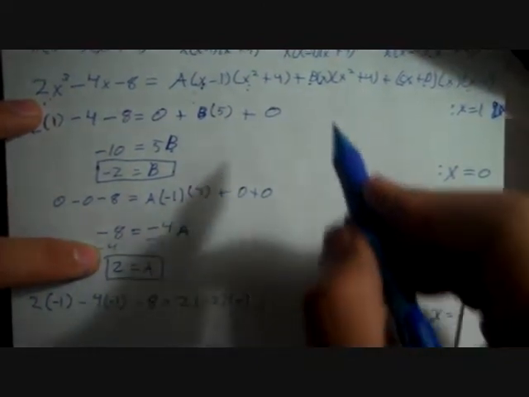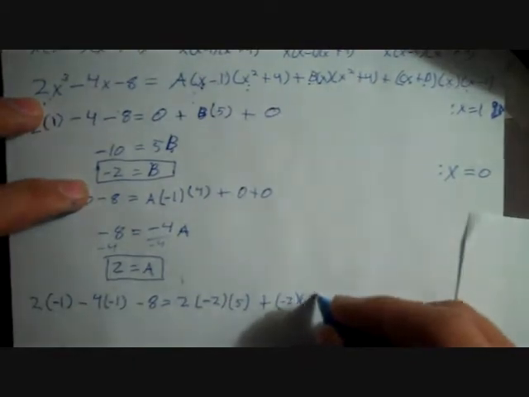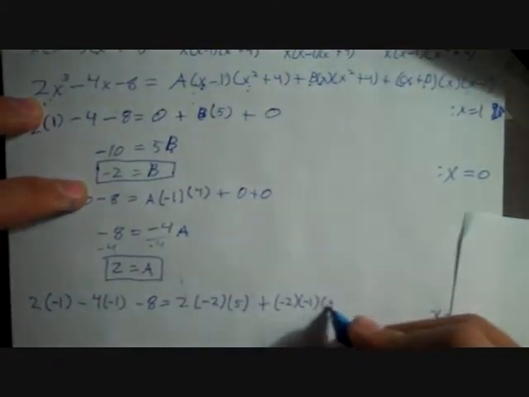And then that'll be plus b, which is -2, times x, which is -1, times x squared plus 4, which we already saw was 5.